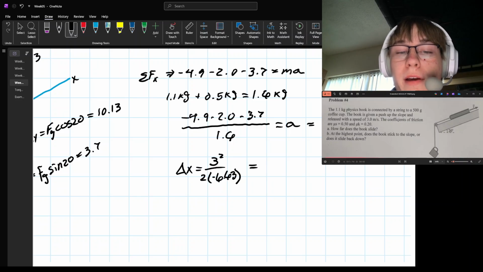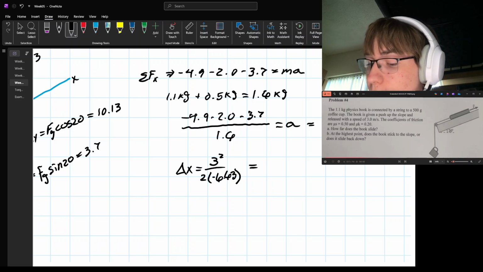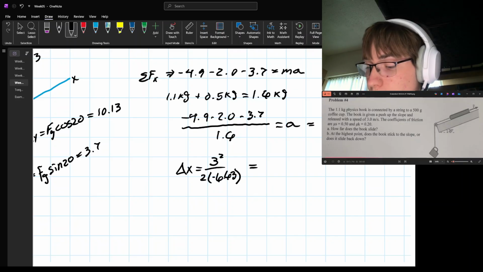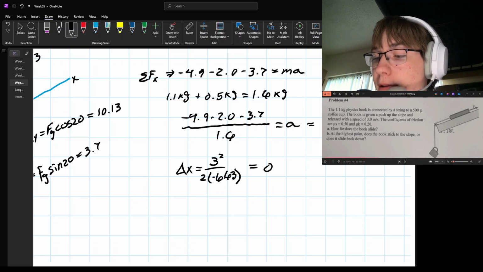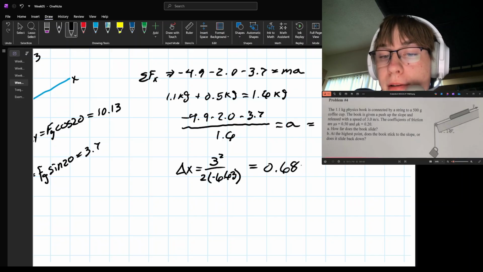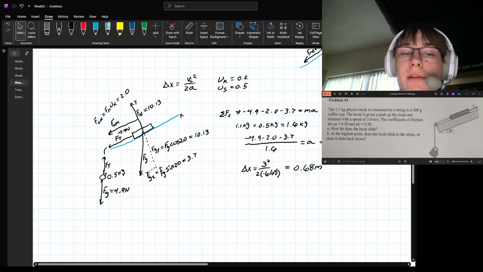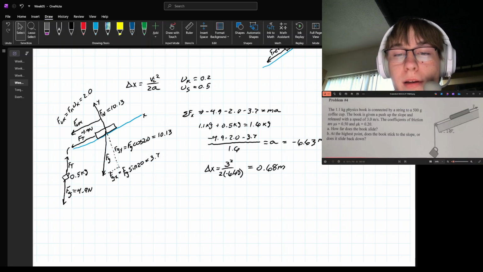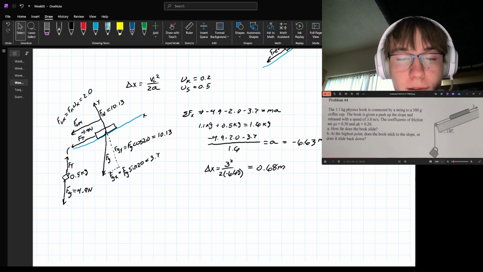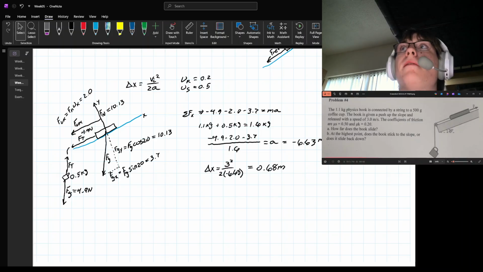And when we calculate that out, we get a distance of 0.68 meters. So that's how far the book's going to travel up, which, yeah, that seems reasonable. Anyways, that's the answer to A.